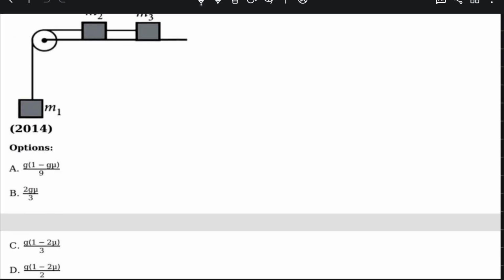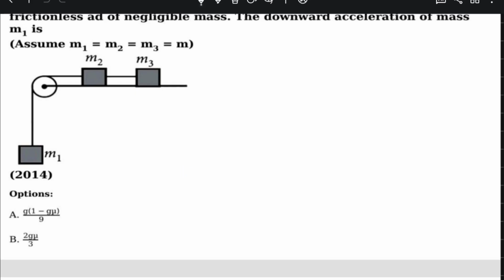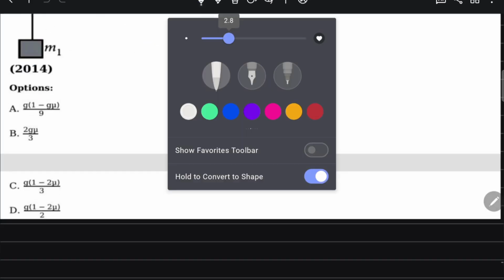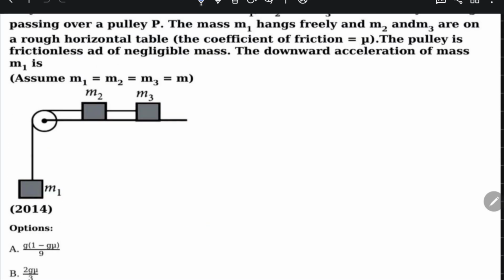So here you see this. Can I make the diagram of it? Net force here we can also make in this way. The downward acceleration of mass m1 is the acceleration of this system. Just make a free body diagram of m1.